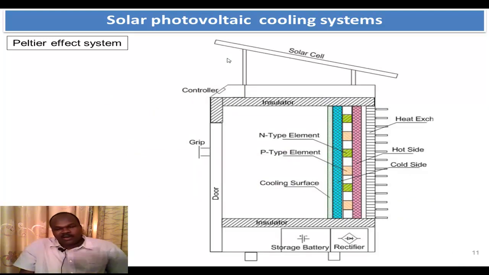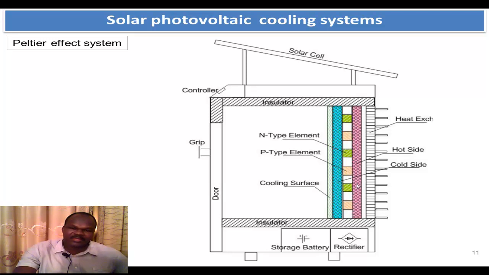So if you want to create a cooling system like an air conditioner or a fridge, this picture here shows how you can use the principle described before to create your fridge. The food compartment is just the cold side of the Peltier system.